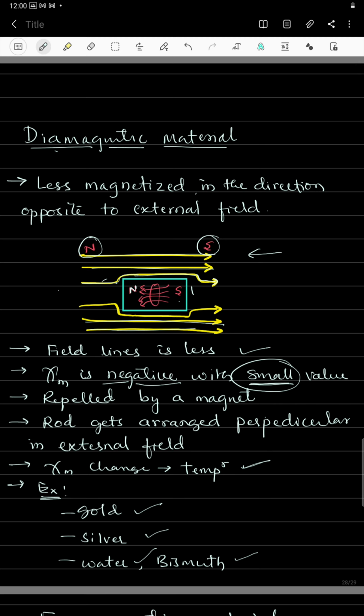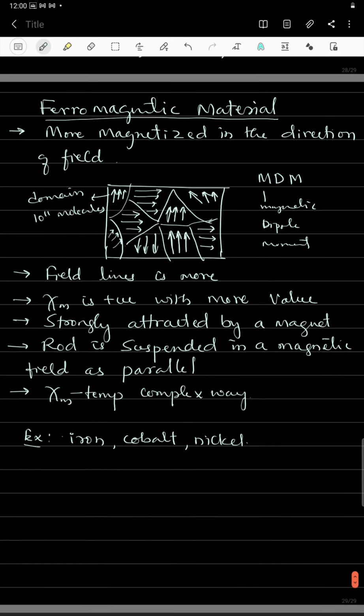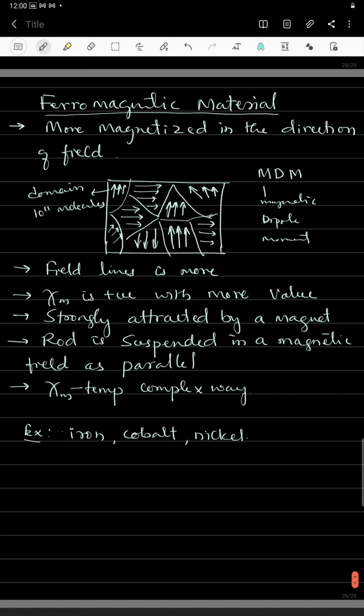So now we'll see the third one, that is ferromagnetic materials. So what are ferromagnetic materials? Materials which are strongly magnetized in the direction of the applied magnetic field are known as ferromagnetic materials. What are the examples here?